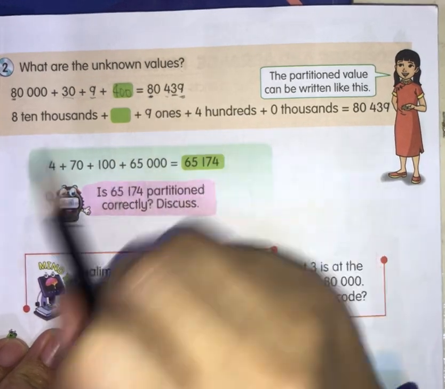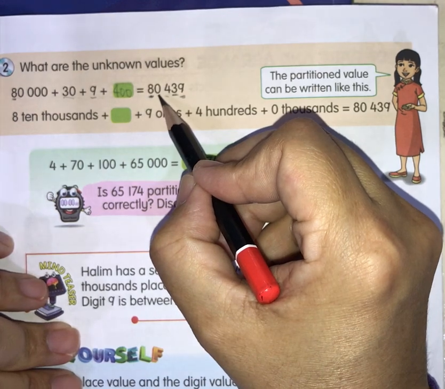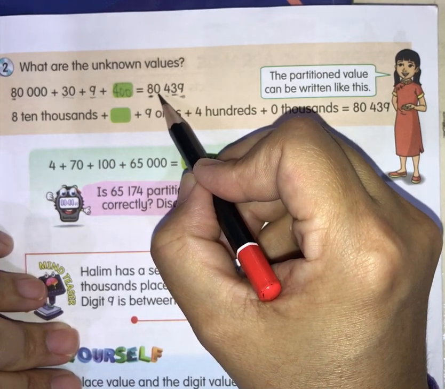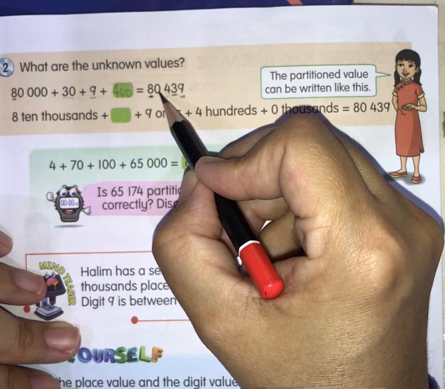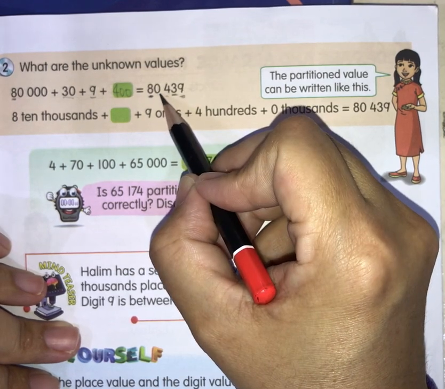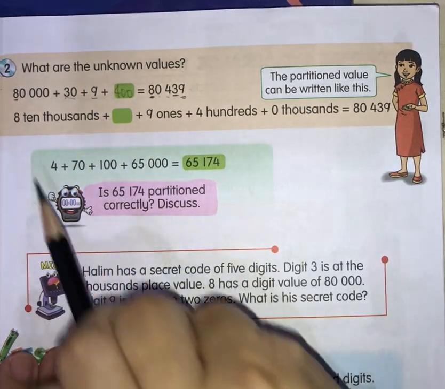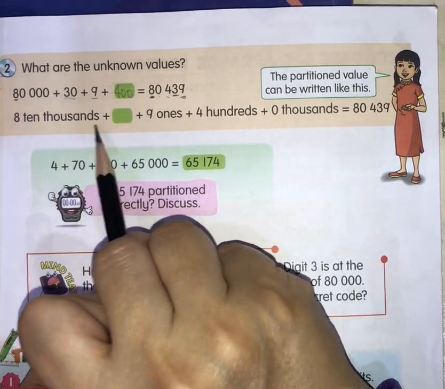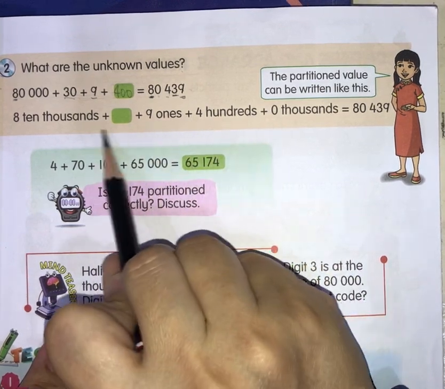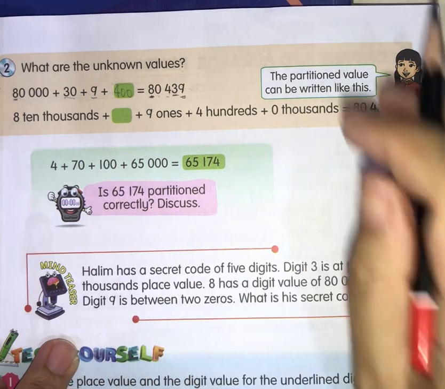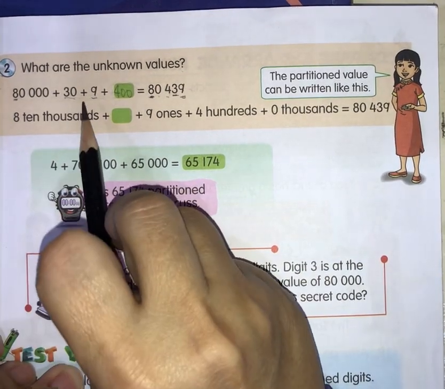How about 0? Just now we have seen the example for number 1B, right? So we can leave out the 0. The second one is partition based on place value. We will do it the same way we do for digit value.